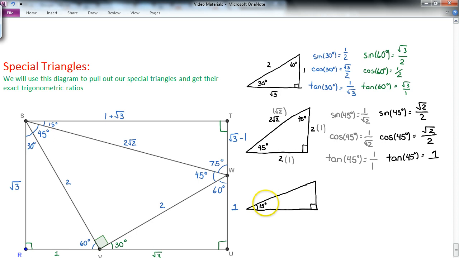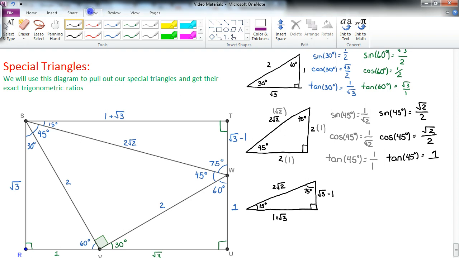So our last special diagram is the 15 degree, 75 degree, 90 case. In this case, notice the difference is that as opposed to being a nice number, across from 15 degrees is root 3 minus 1. And then we have 1 plus root 3, and then we have 2 root 2.